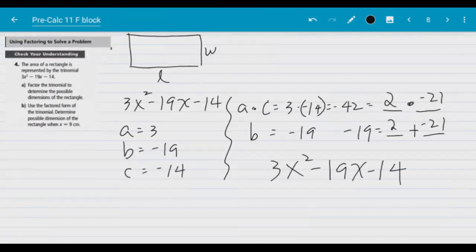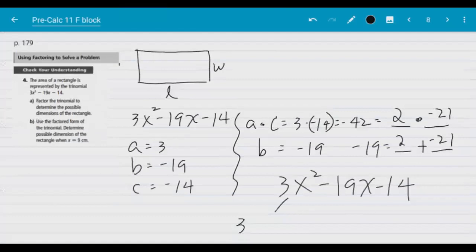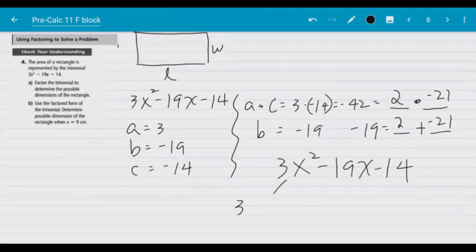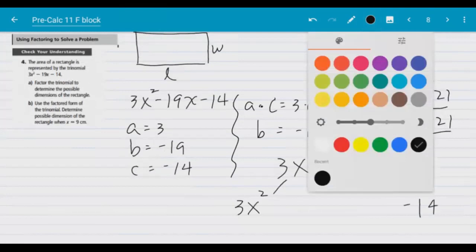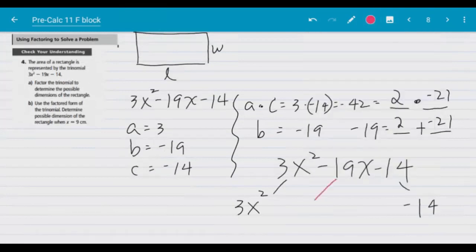So let's see. The 3x squared remains the same. The negative 14 remains the same, while the middle term becomes this. It becomes plus 2x minus 21x.